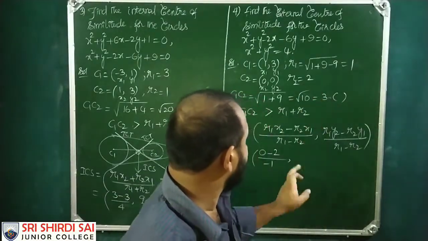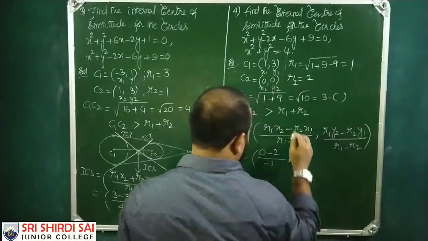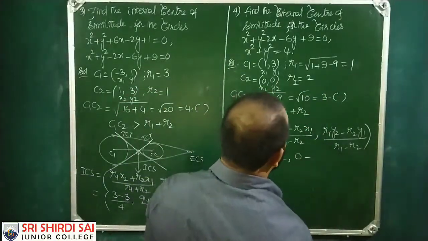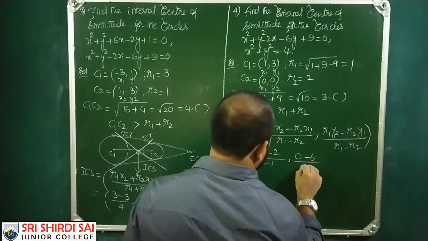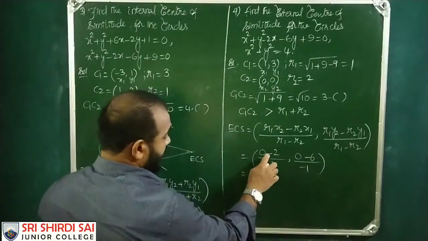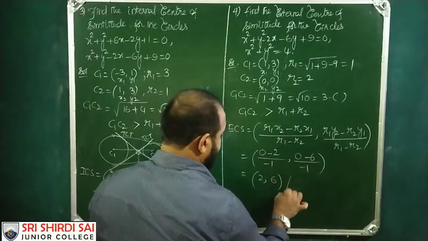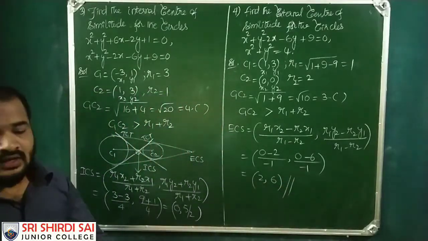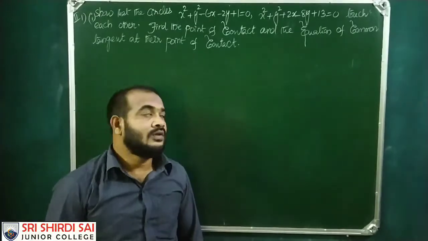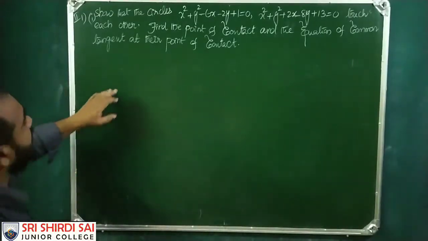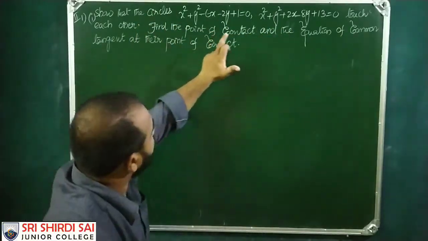And r1 y2: 1 into 0, minus r2 y1: 2 into 3, 6, by minus 1. So minus 2 by minus 1 is 2, minus 6 by minus 1 is 6. Therefore this is the external center of similitude.